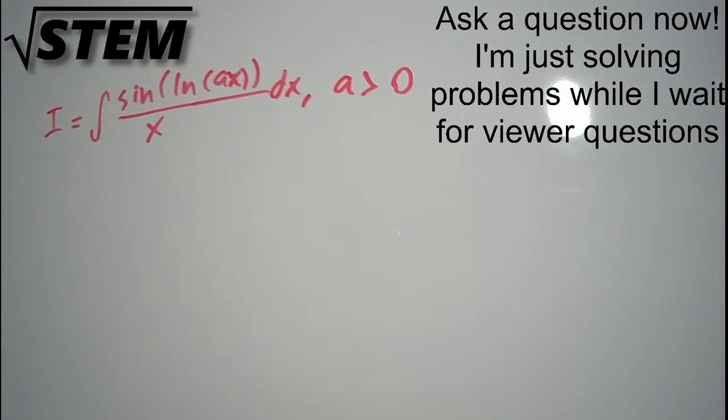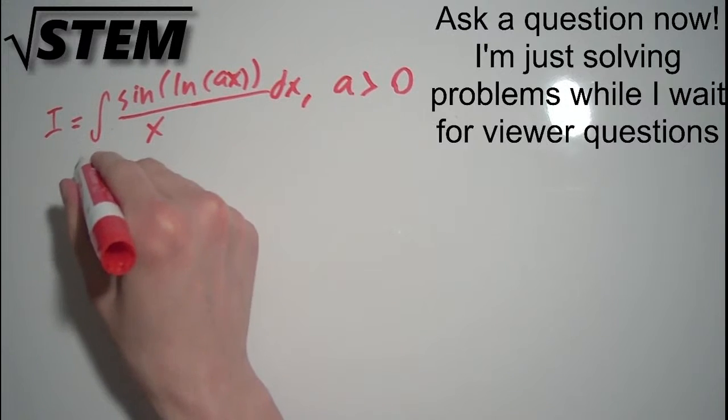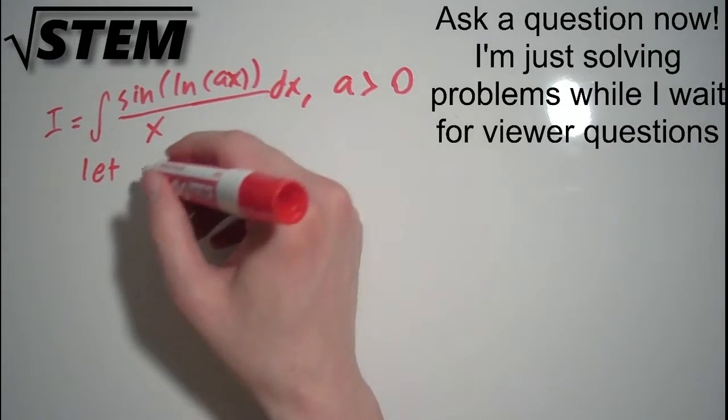Let's see here. So if we do a substitution where we let u equal the natural log of ax, we would get 1 over ax as the derivative, which I think should help us get rid of that denominator.